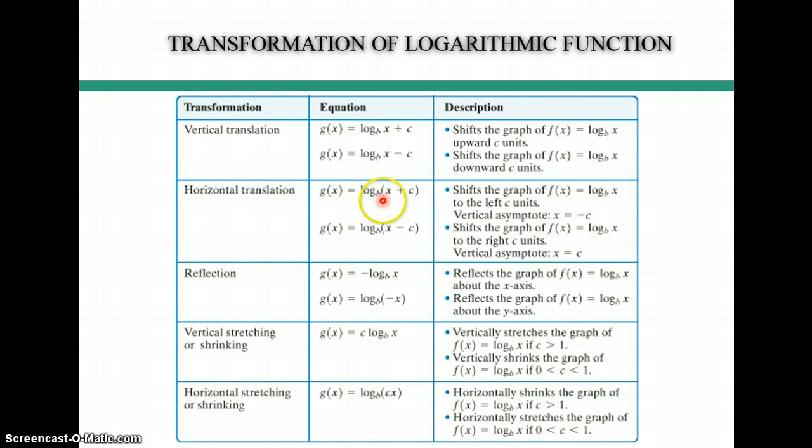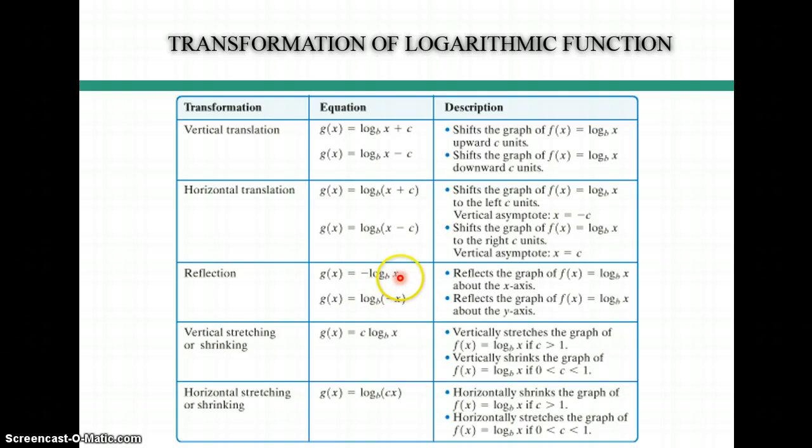Log base b of x plus c, the graph goes left c unit. Log base b of x minus c, the graph goes right c unit.